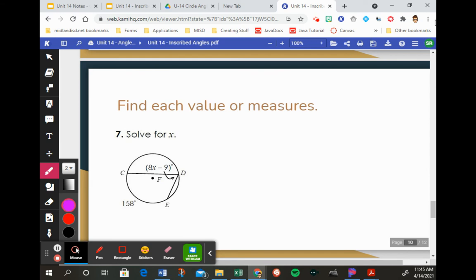Number 7. So here we've got some algebra to work on. We're going to solve for x. So we know that angle D is half of 158. Is that right? Yes. 1/2 the arc is equal to the angle.